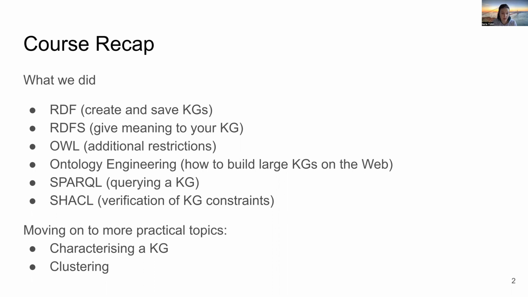And we looked at SPARQL as a language to query knowledge graphs, and SHACL as an additional way to verify knowledge graph constraints. We are now moving into more practical topics, and today we will be looking at how to characterize a knowledge graph that you're working on and how to perform clustering over this.